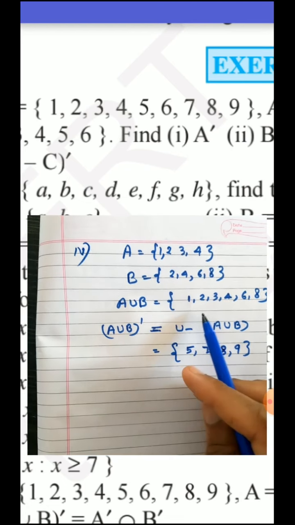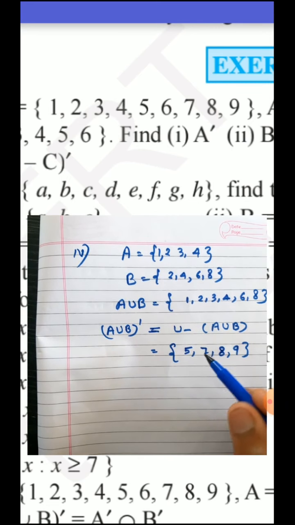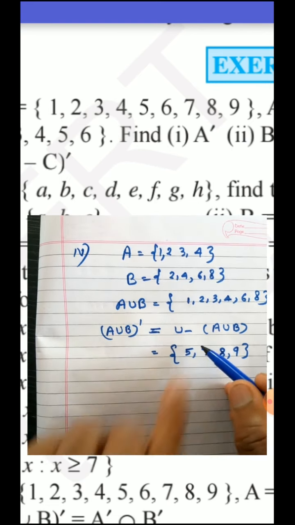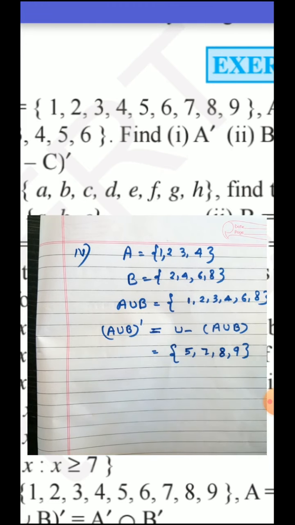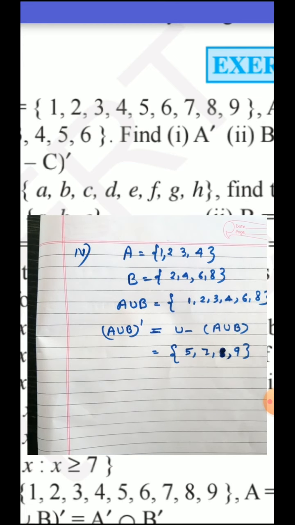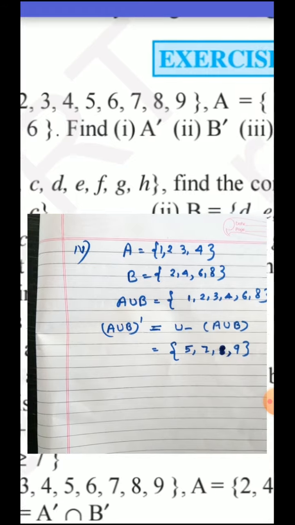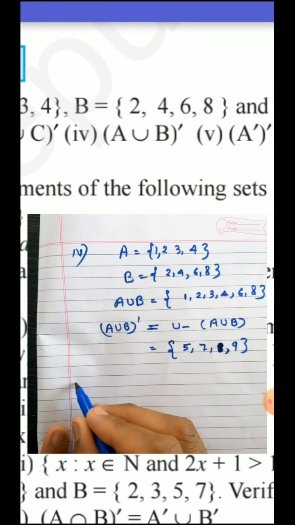A union B equal to 1, 2, 3, 4, 6, 8 and universal set equal to 1, 2, 3, 4, 5, 6, 7, 8, 9. Means you ignore 1, 2, 3, 4, 6, 8. Only 5, 7, 9 are the elements of A union B whole complement.